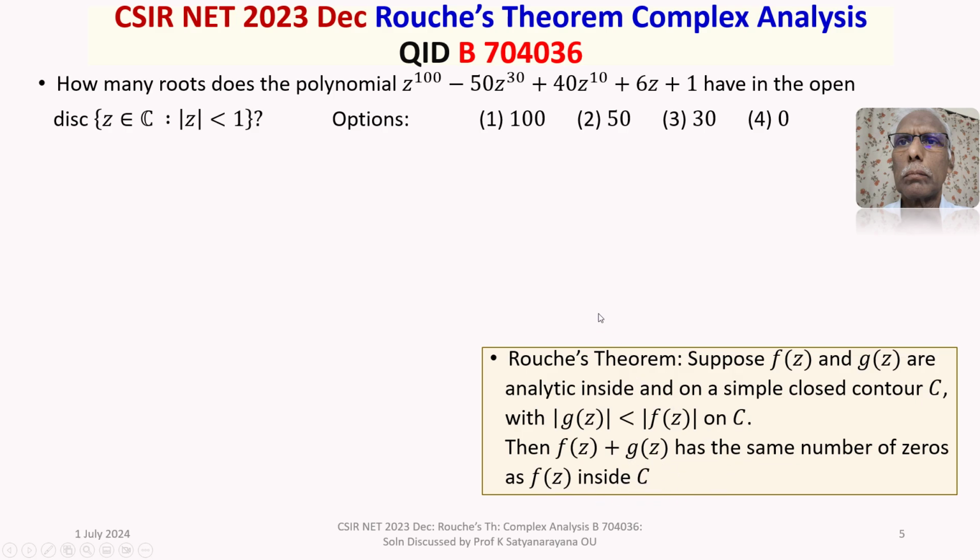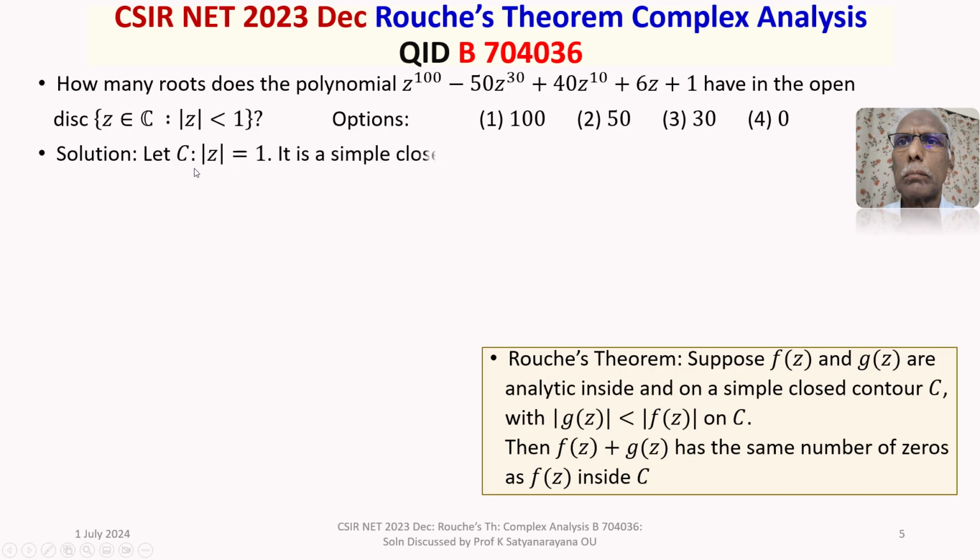Right. And to apply Rouche's theorem, we need a simple closed contour. So we go to the open unit disk there. So we take the contour C to be mod z is equal to 1.